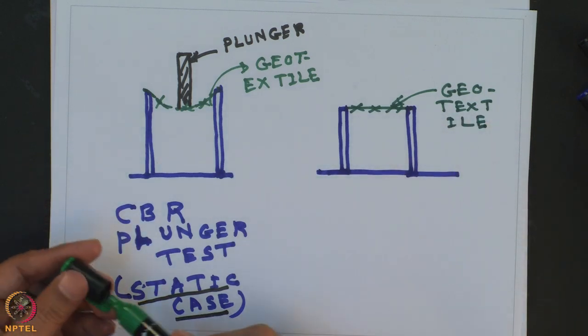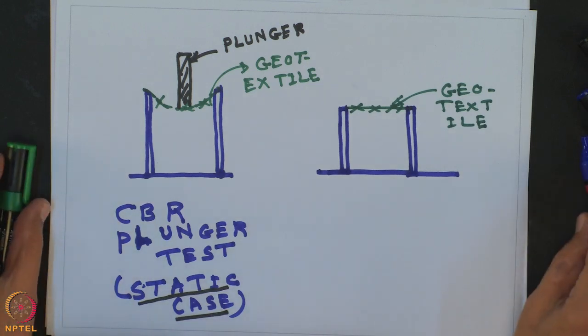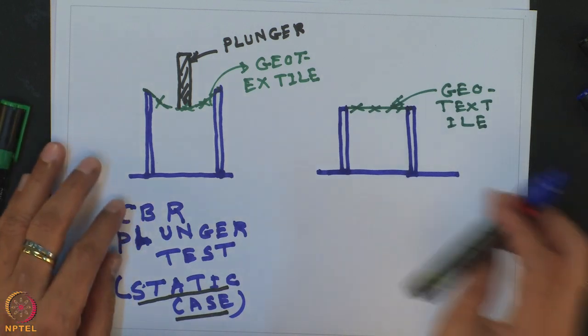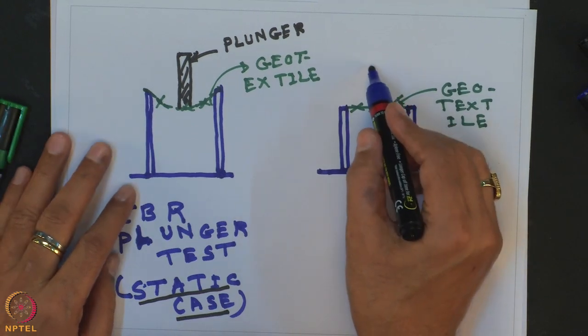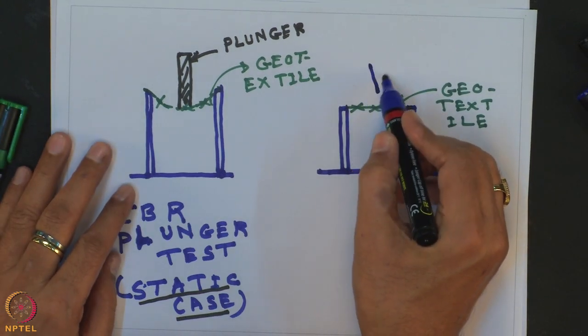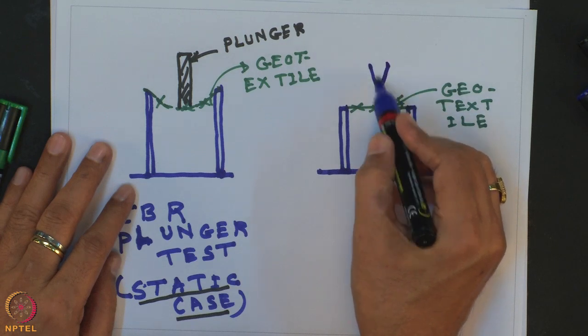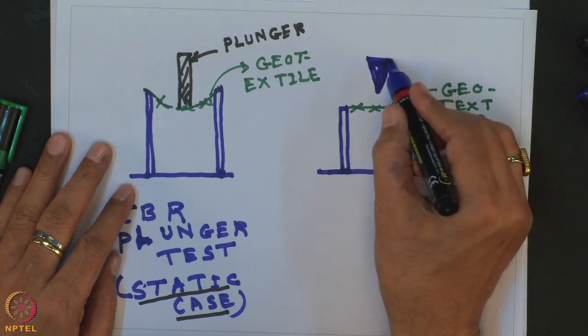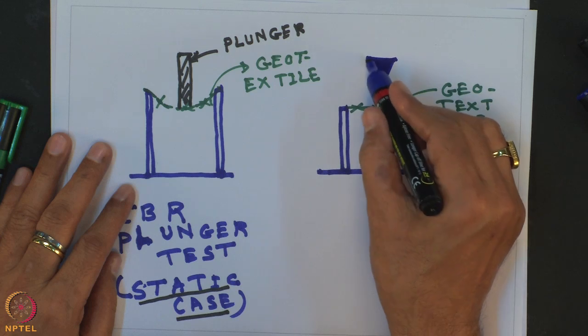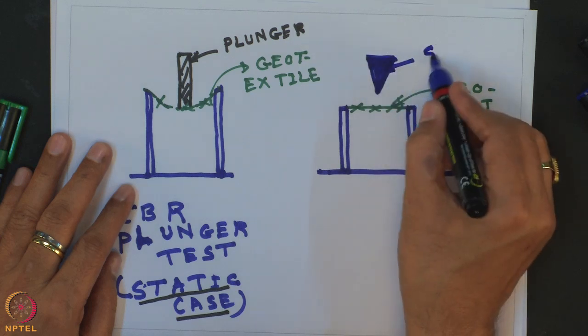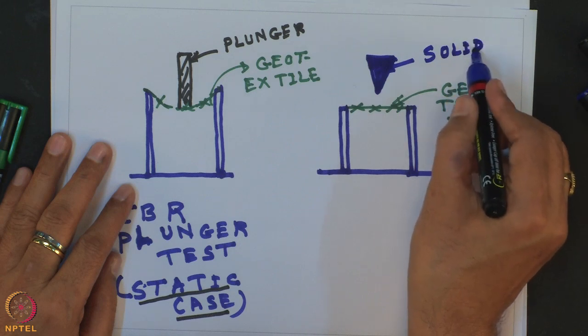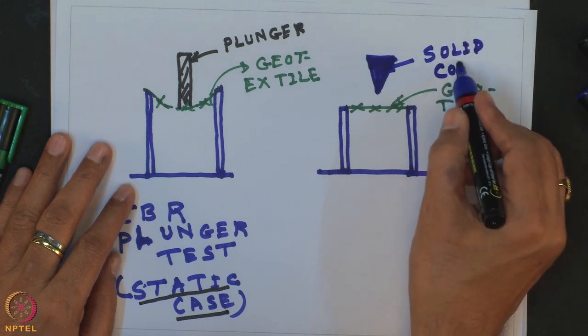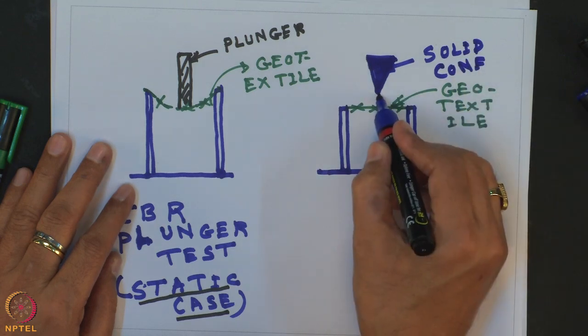You have to place a solid cone. This solid cone is to be dropped from a particular height, and it also has a weight.